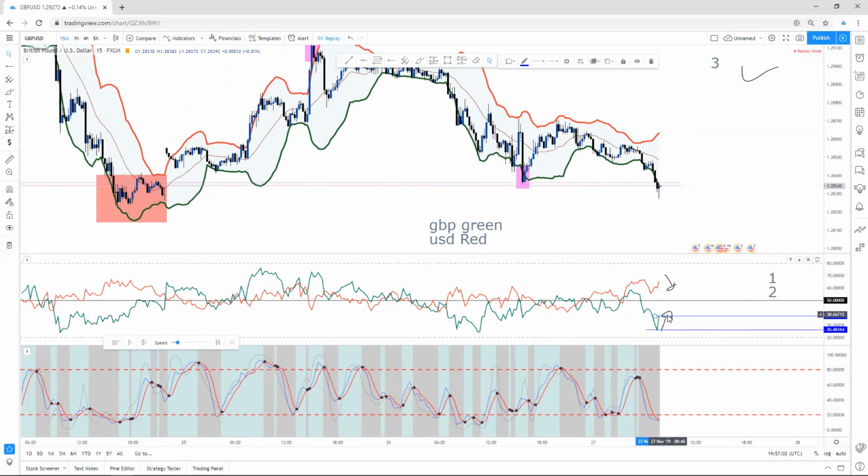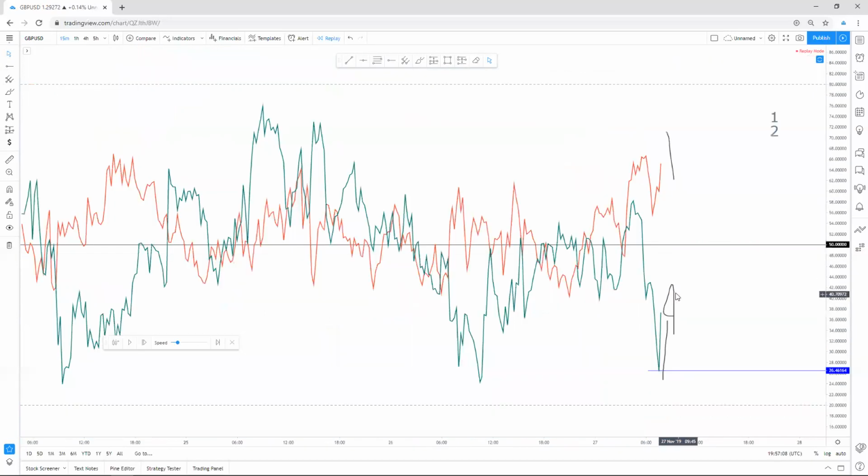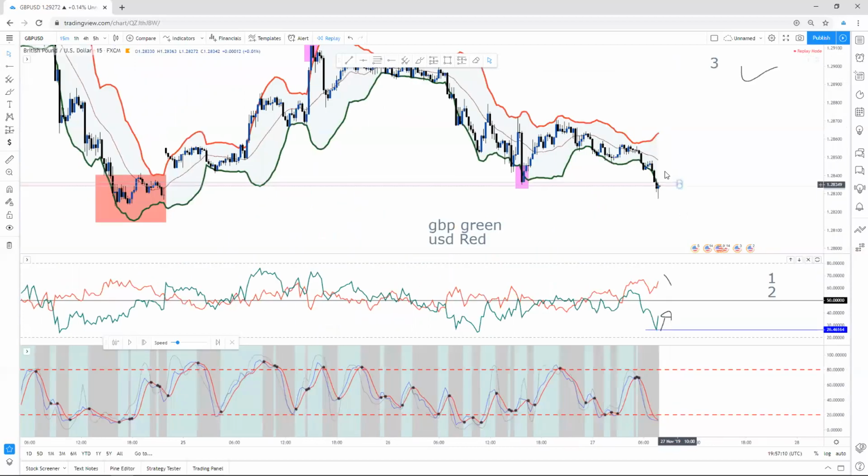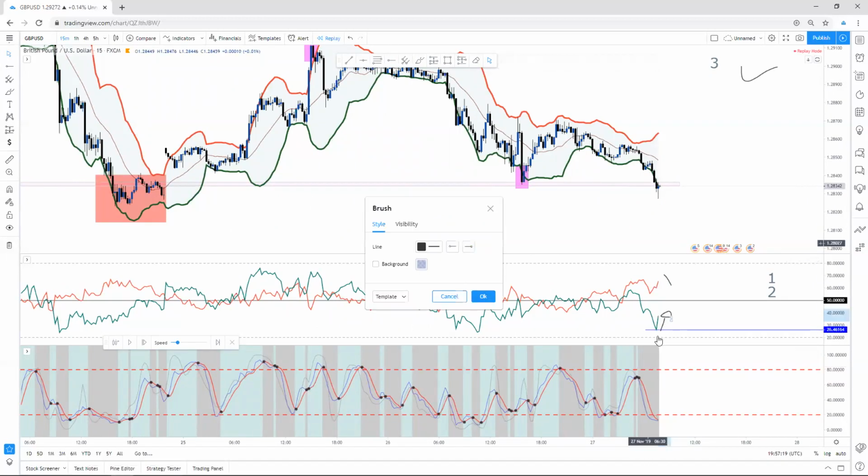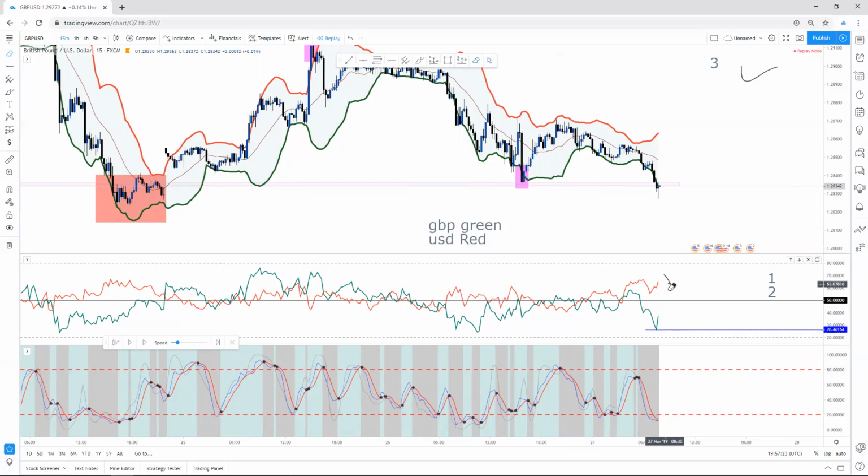So that's what we're looking for. So far, that's exactly what we have. Okay? Meaning that in this moment, when the candle closed back inside the Bollinger Band, we had this spike up, right? We had GBP gaining strength. So that's our first confirmation. Is the GBP, the green line, facing up? Yes, that's our first confirmation. Okay?